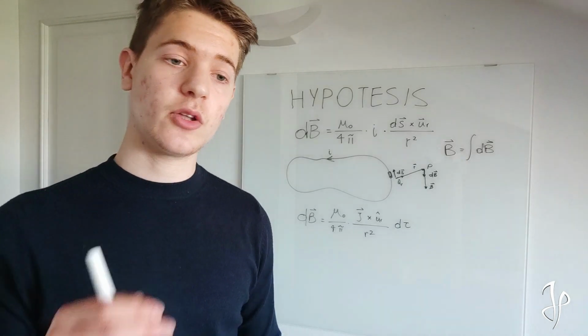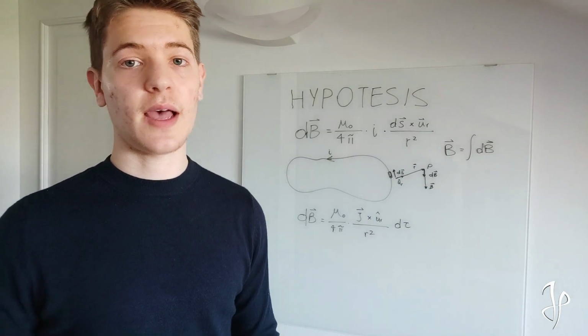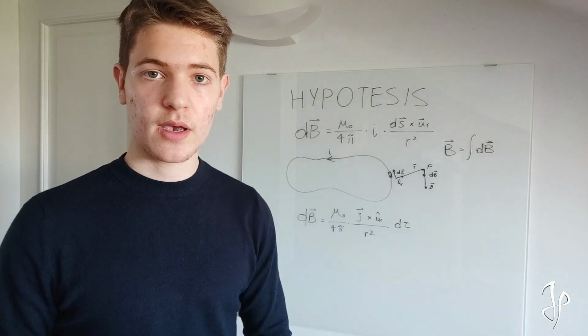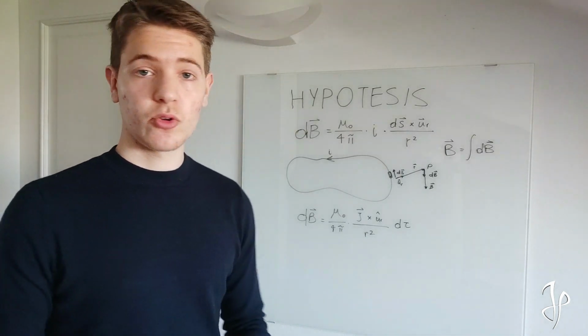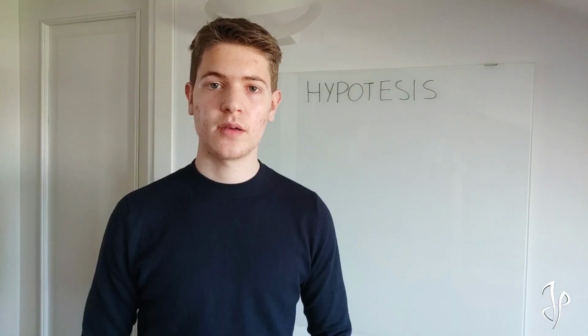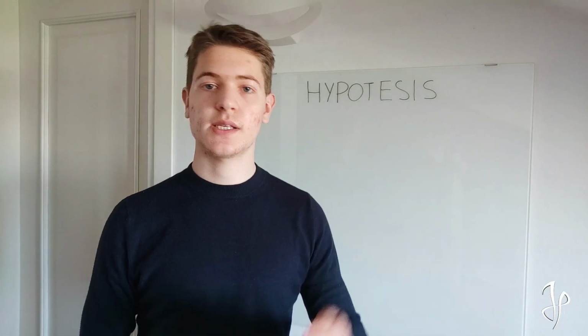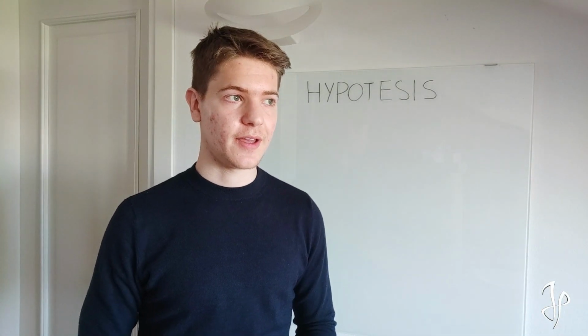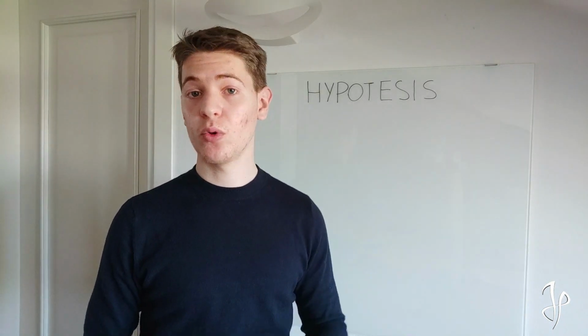And it's essential to find a way that allows you to evaluate this error. So in order to do this, I needed a second hypothesis. So the second hypothesis is the common knowledge that magnetic field lines are always closed.